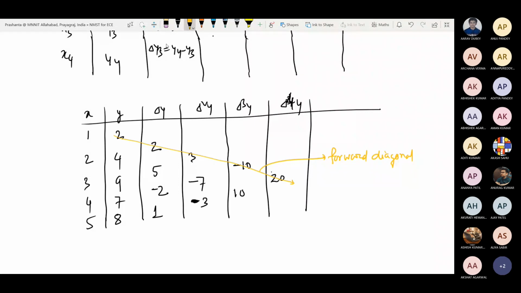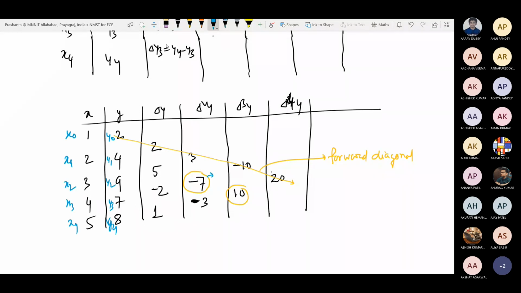Now tell me the name of this particular element. Suppose this element and this element, two elements I have circled, tell me their names. If the data points are x0, x1, x2, x3, x4, this is y0, y1, y2, y3, y4. What is the element here?